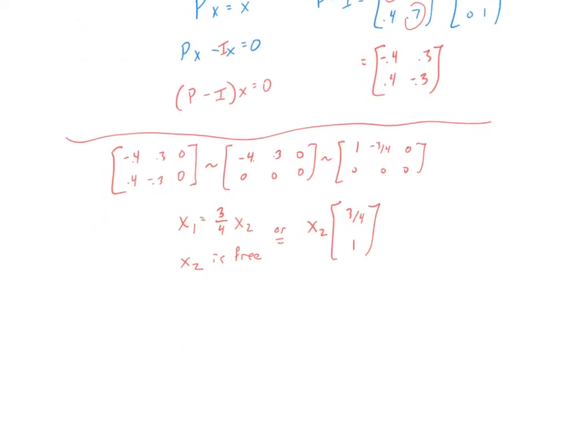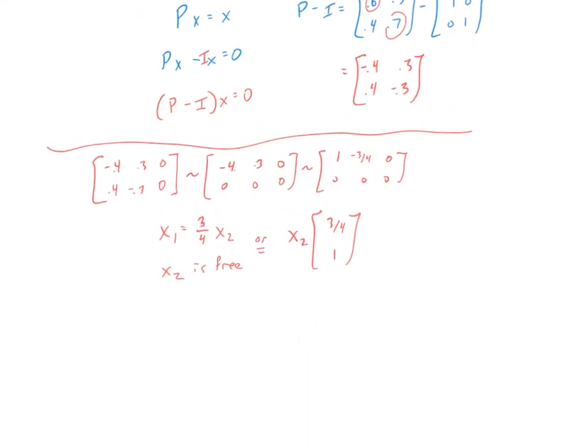Well, what we can do is say, all right, I want to take a nice basis for our solution space, and I could use 3/4 and 1 as my basis vector. So we're going to choose a basis for the solution space. So we're going to say let x2 equal 4.